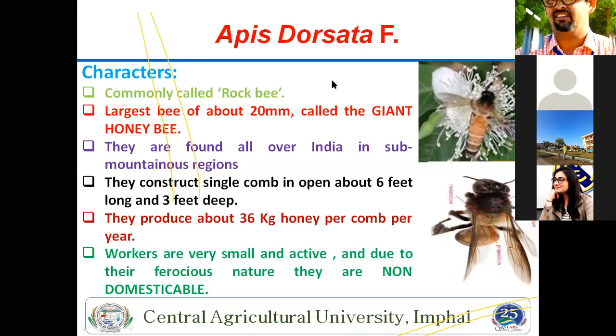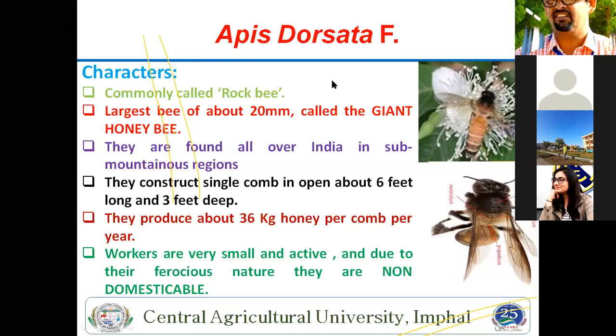And recently in 2020, another species came from this Apis dorsata, that is Apis laboriosa. Many times it is called red honeybee, because it produces red honey, and it is mostly found in Nepal, Bhutan, and Arunachal area.